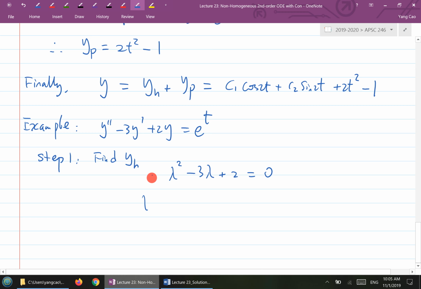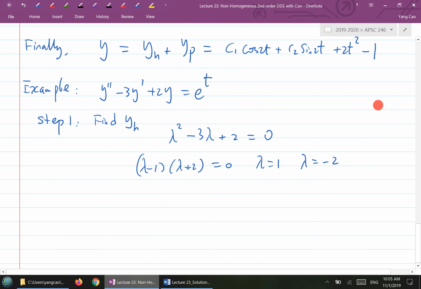Then you get lambda minus 1 times lambda minus 2. So lambda equal to 1, lambda equal to 2 are the 2 real distinct solutions. So your yh equal to C1 e to the power of t plus C2 e to the power of 2t.